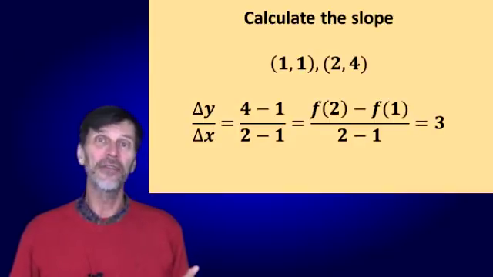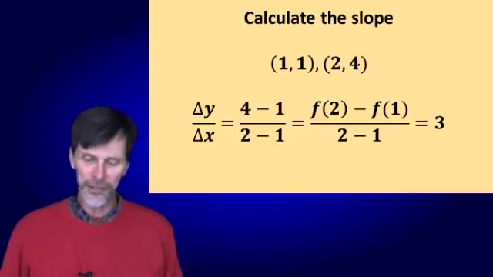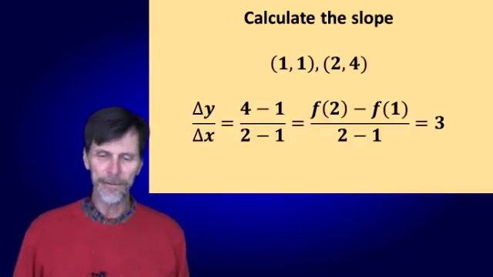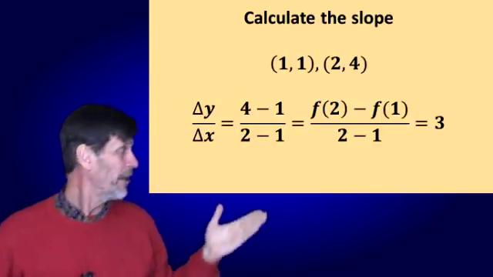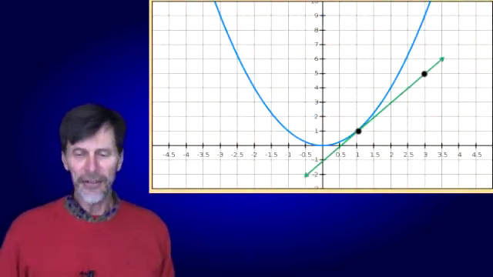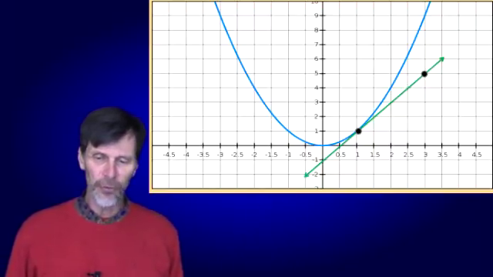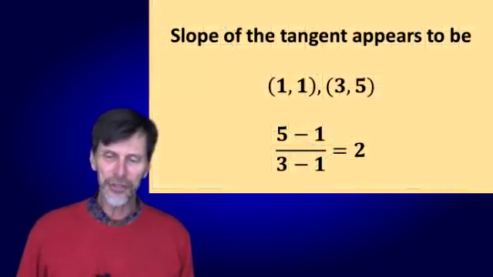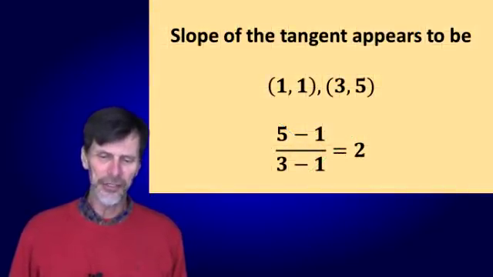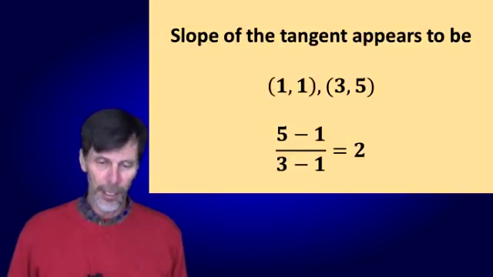Now this again is not the slope of the graph, but it's an approximation. That slope is 3. Again, I've drawn the tangent line, and if I were to take a guess at what the slope is, I could look at the ordered pairs 3, 5, and 1, 1. I would probably venture that the slope of the tangent line is somewhere around 2.